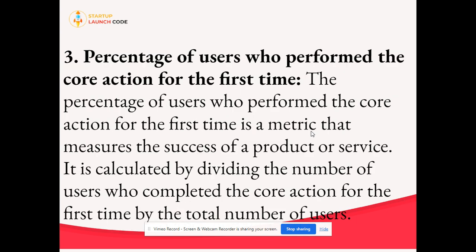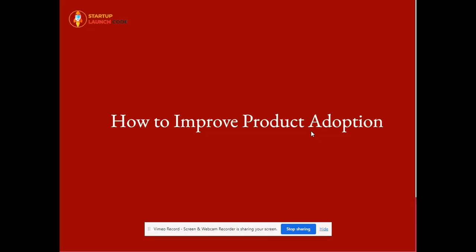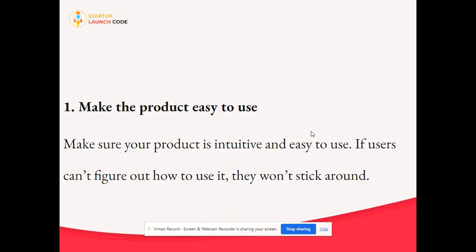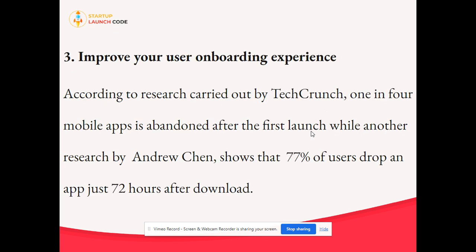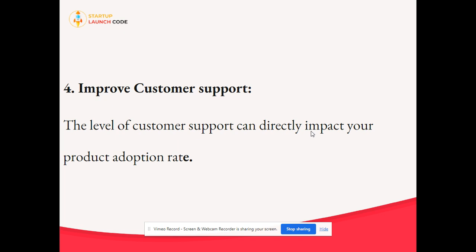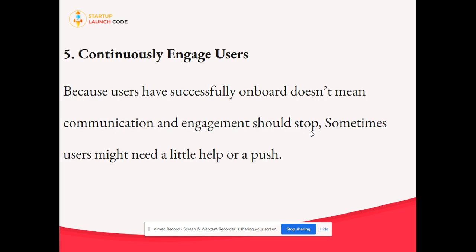We also looked at the percentage of users who perform the core action for the first time. Then we went on to discuss ways we can improve our product adoption by making our product easy to use, by offering free trials, by improving the onboarding experience, by improving customer support, as well as continuously engaging with our existing users.